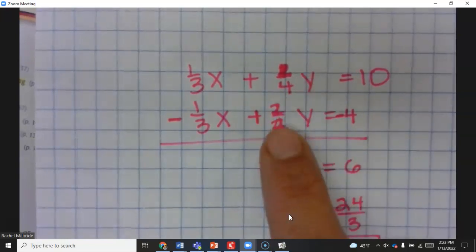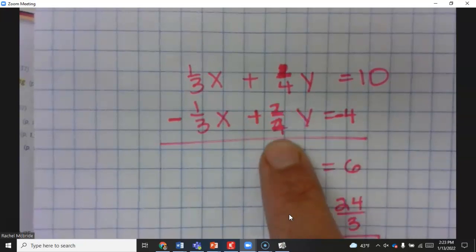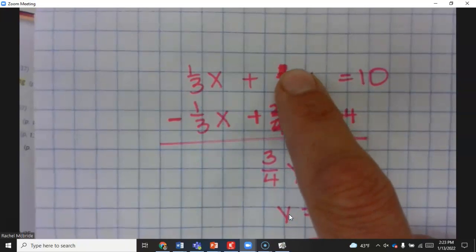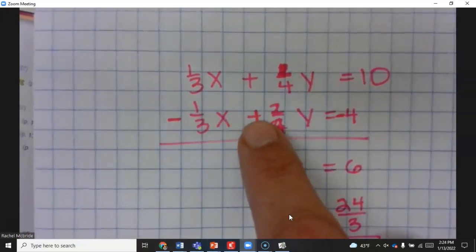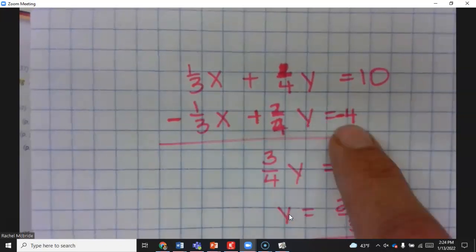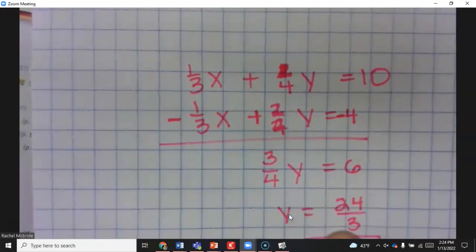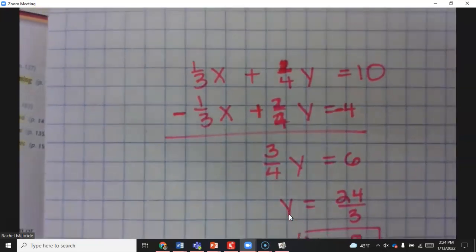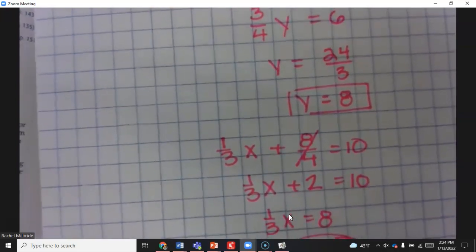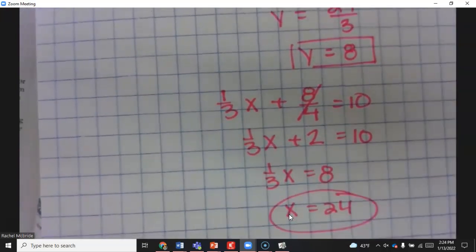In order to do a 4th and a half, they had to have common fractions, so I changed this half to 2/4. 1/3 minus 1/3 was 0. 1/4 minus a minus became a positive, so it's 3/4. 10 minus 4 became 6. So you had 3/4 y equals 6, multiply by 4, divide by 3. y equals 8. Take that 8, plug it back in, and you get x equals 24.